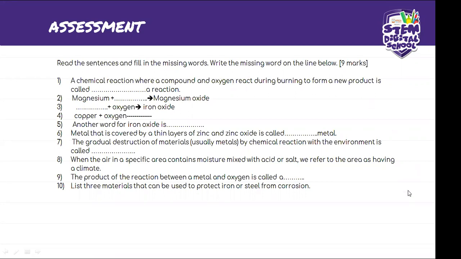When the air in a specific area contains moisture mixed with acid or salt, we refer to the area as having what? Dash dash dash climate? Or the dash can even come between A and the climate. So there is an answer there.